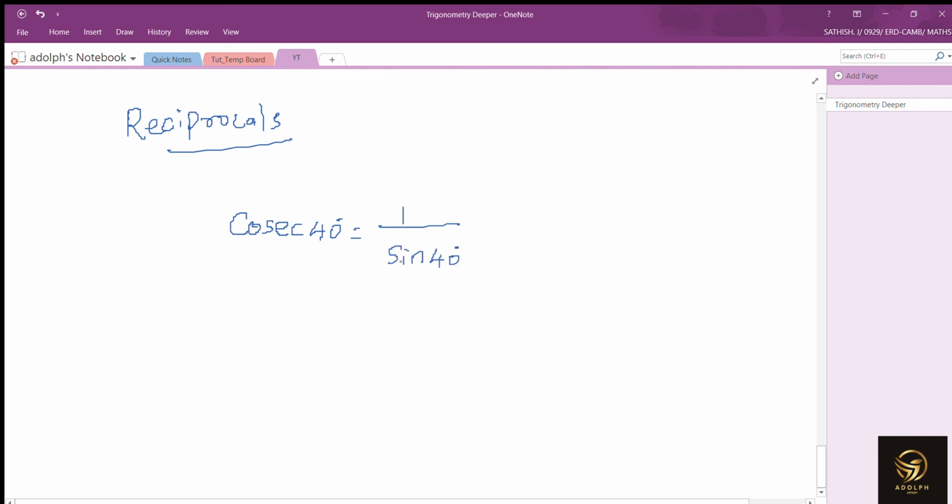Find the sine 40 value in your calculator and take its reciprocal, or give a simple input of 1 by sine 40. Whatever answer you get here is the exact answer. In the same way you can find secant 70 or cot 80: you have to find 1 by cos 70 and 1 by tan 80.